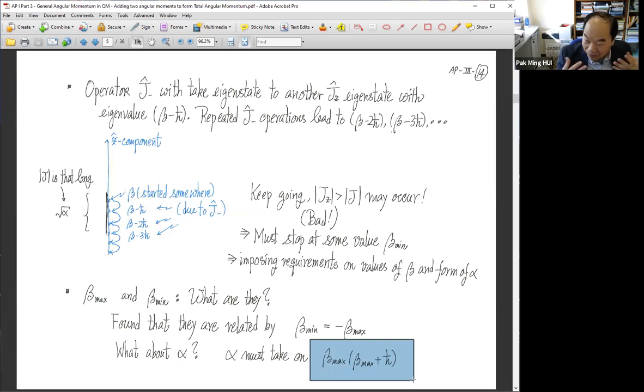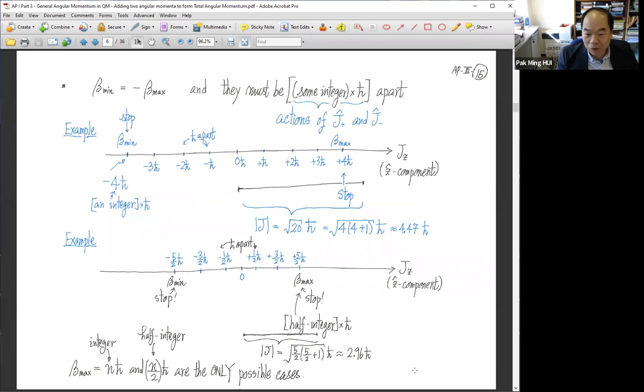So that is what we are going to prove. And now the game becomes the following. We know that there is a cutoff beta maximum, and we know that there is a lower cutoff beta minimum, and we know that if we start from somewhere, say 4h bar for example here, that must stop at minus 4h bar because they are off by a minus sign.